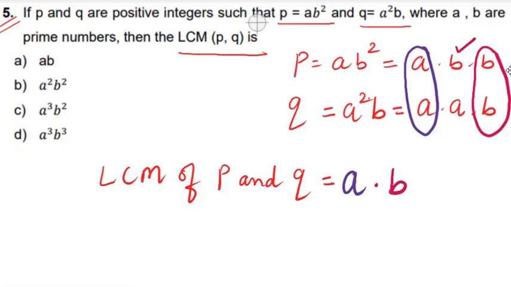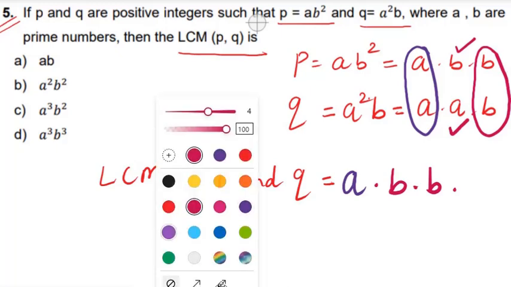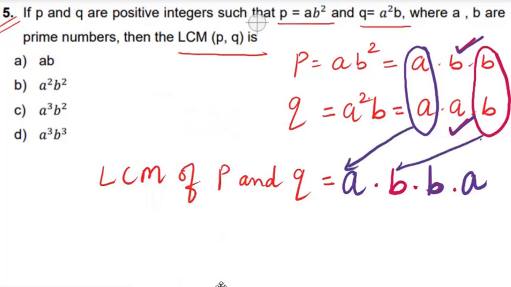But this B is not common, so this B will also be written, and this A, which is again not common, will also be written. The common terms we write once, and the terms which are not common, the uncommon ones, will also be written.